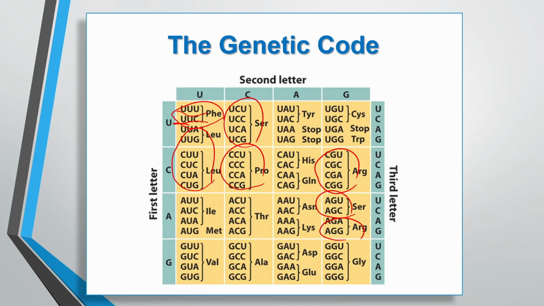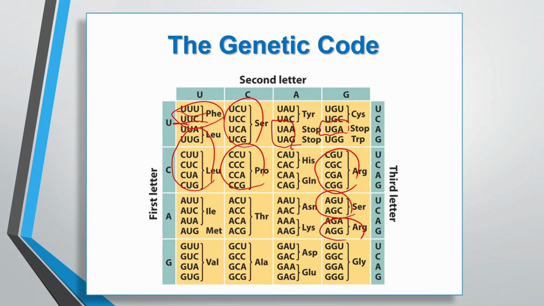And there's a couple special categories, like these guys over here, these guys, and this one. They all code for stop codons. They tell the ribosomes where to stop the process of translation.